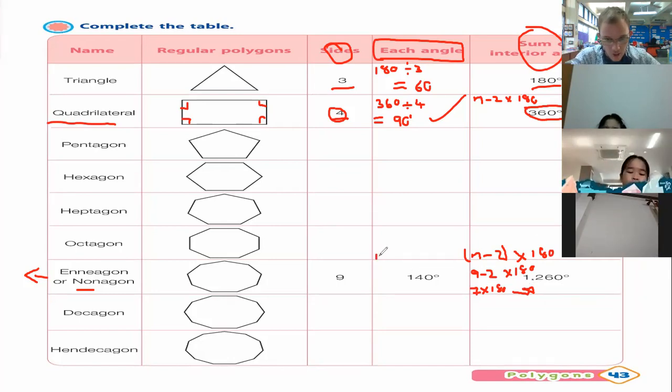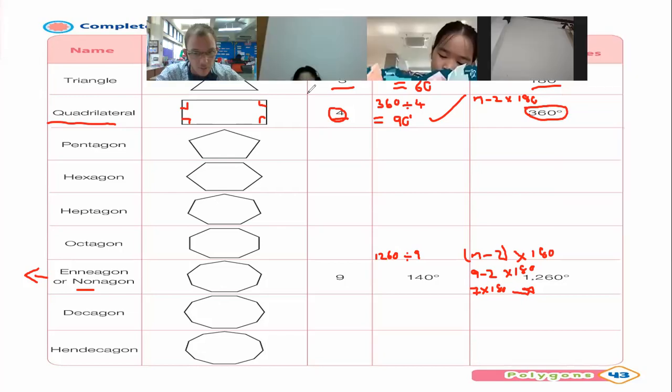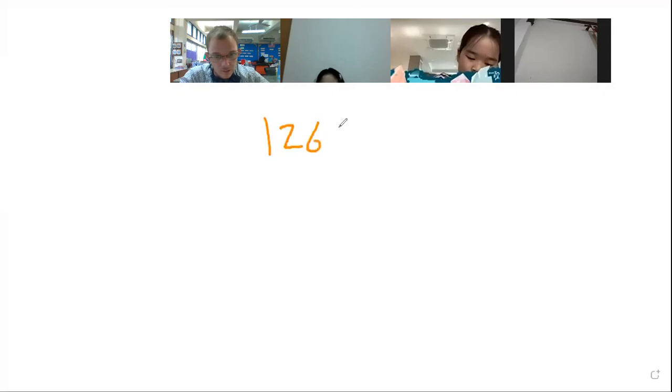So now we have 1260 divided by 9. Let's do it quickly. 9 goes into 12 once. 1 times 9 is 9.